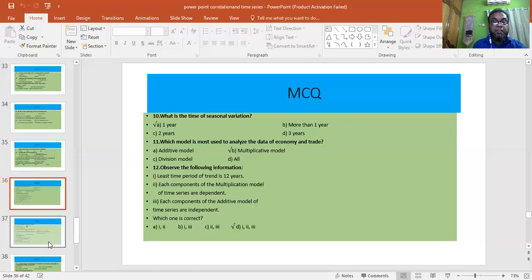Here the components are independent, and in multiplicative model components are dependent. So all of 1, 2, 3 are correct. Which one is correct? Number D, 1, 2, 3. All these three are correct.